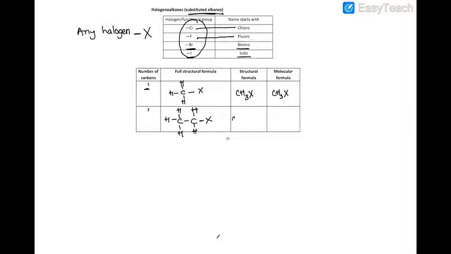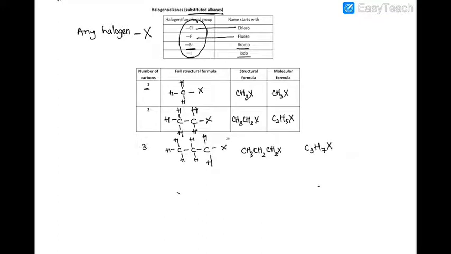The structural formula will be CH3CH2X and then the molecular formula C2H5X. For three carbons, you're going to have three carbons and then the halogen: CH3CH2CH2X, and then C3H7X.